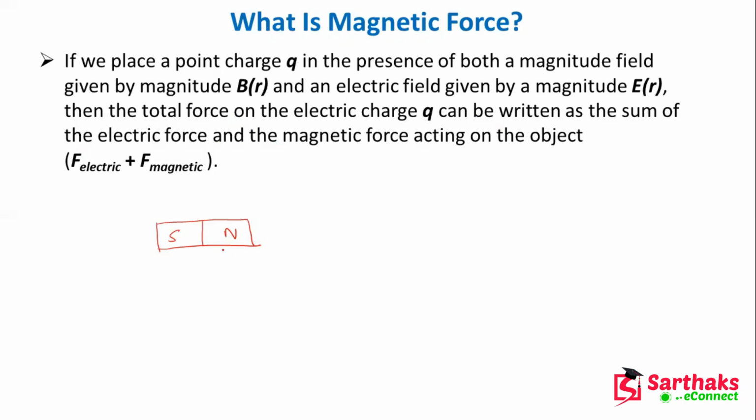First thing, I have a point charge, that is Q, and there is some magnet. If you have some magnet here, you can see that some magnetic field will be there. I'm just giving one example. You have a pond, the water surface of the pond.